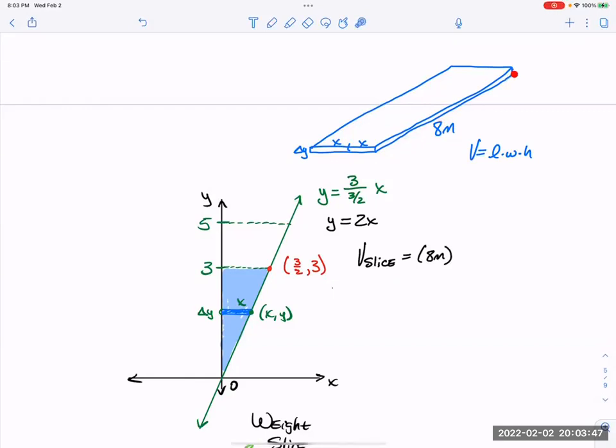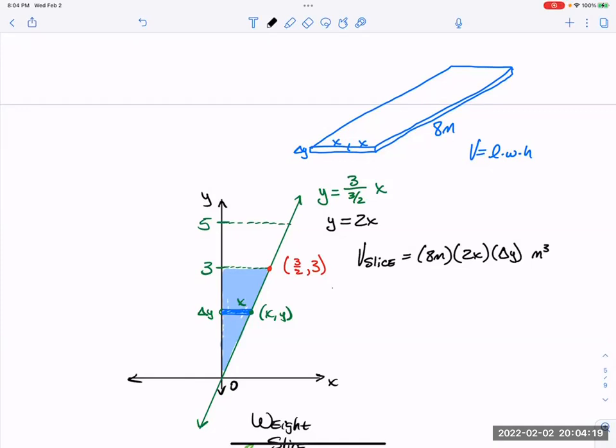Now, what's its width? Its width is 2x. It's this distance. Remember, this is all based on this arbitrary partition in the tank. And then what's the height of this partition? It's delta y. These units would be meters cubed because they're all in meters.